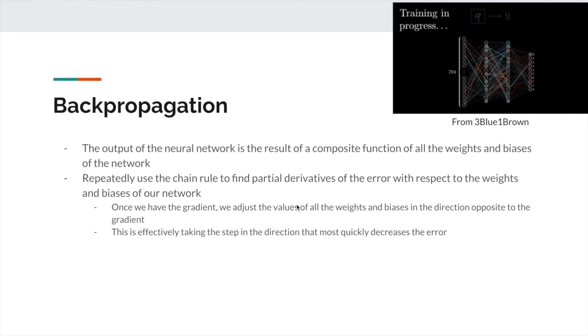The reason it's called backpropagation rather than forward propagation is that once you calculate the output of your neural network for some input, you iteratively move backwards through the network. You calculate the partial derivatives for these weights and biases first, and then you move backwards and do this again, and then backwards and so on.